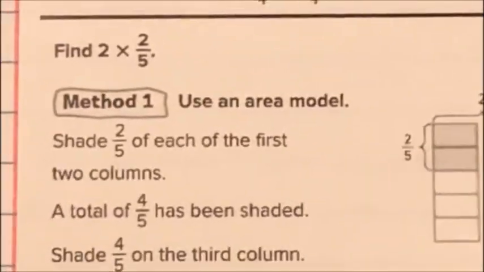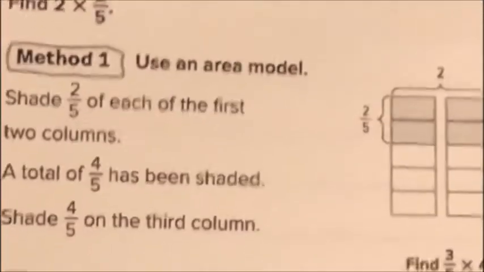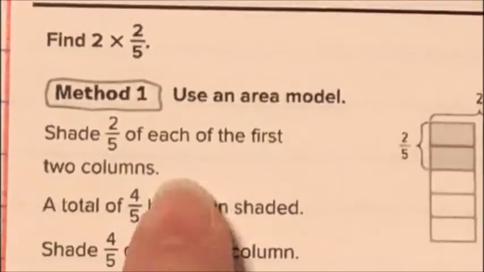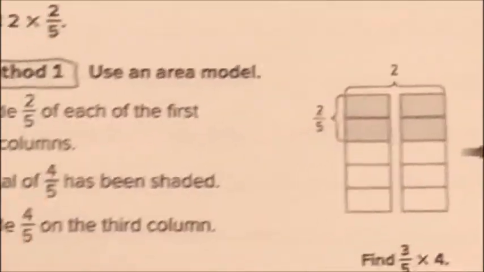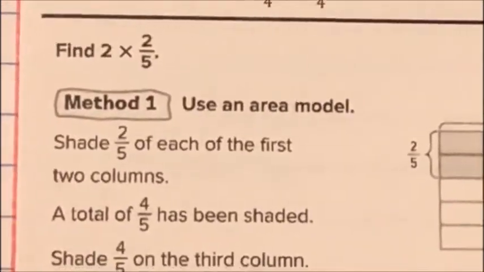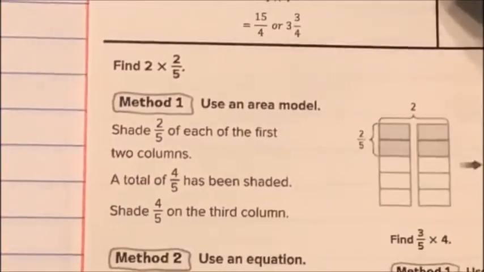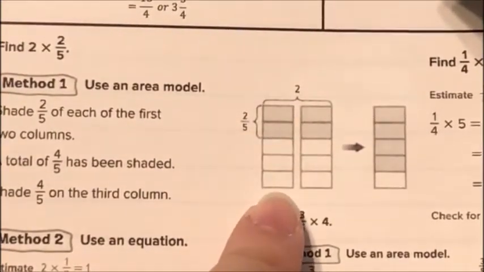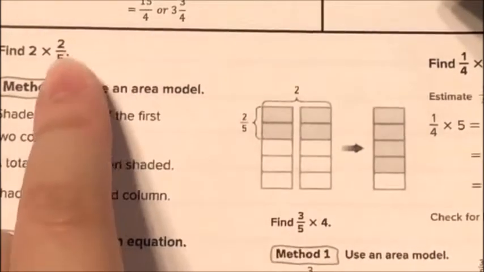Okay, I have a couple more examples here. The first one is find 2 times 2/5. The first method I could use is an area model, which we can see over here. I shade 2/5 of each of the first two columns. I have 2 full columns, and I've broken each of those columns into 5s because that's my denominator.